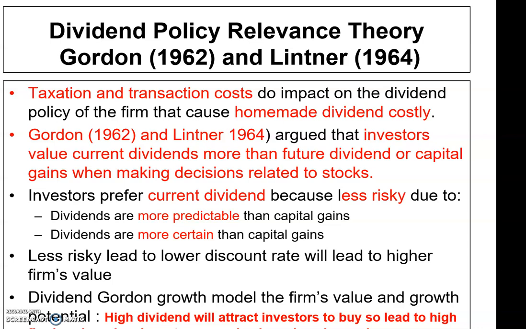Under the dividend policy introduced by Gordon and Lintner, that is the relevance theory, they found that dividend income is actually relevant to the firm's value. If the company pays a high dividend, it gives a good signal to investors that the company is doing well. That's why the company's value will increase.